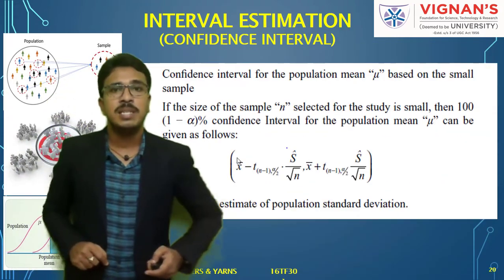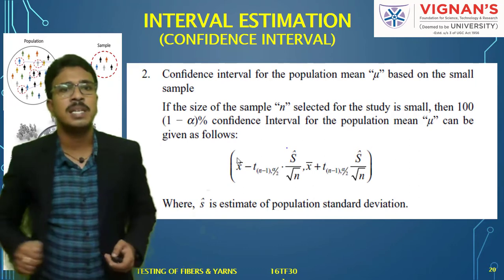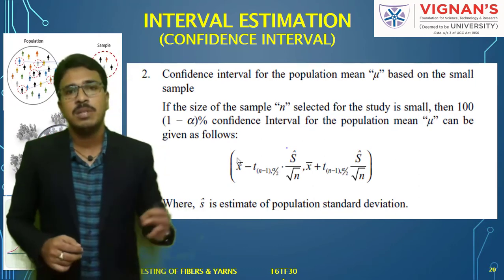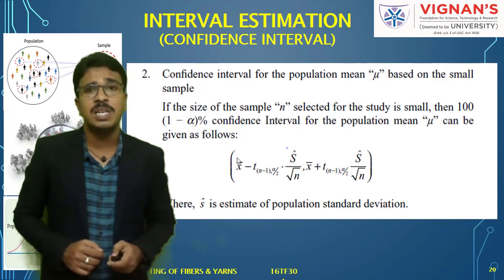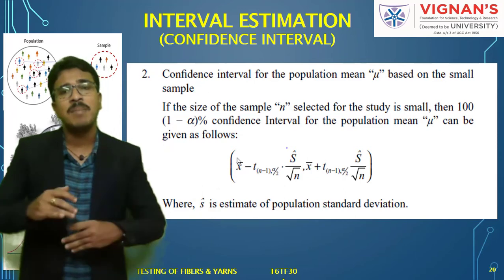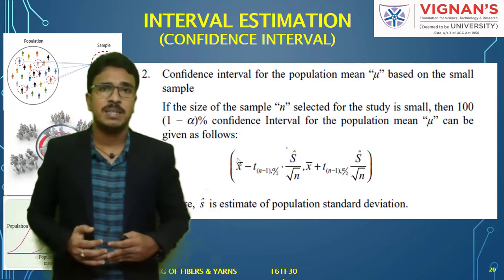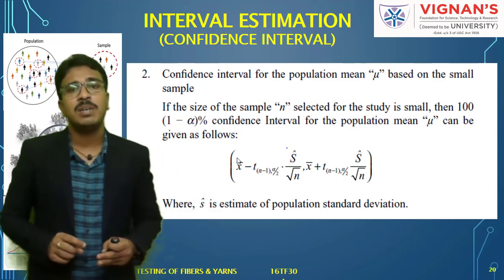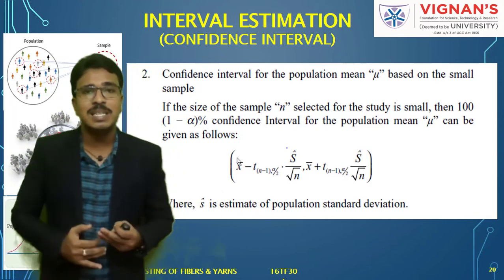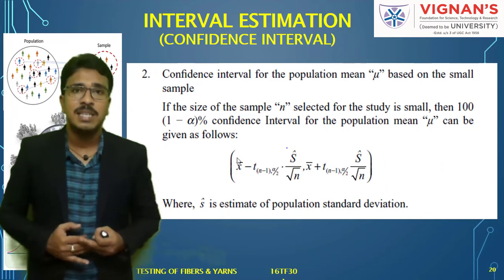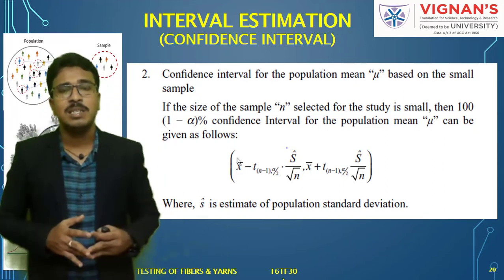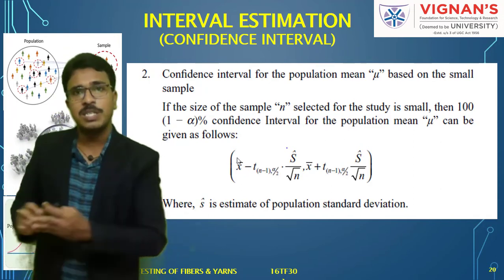Now in the same way, in case of a small sample. In the previous slides we have seen how to find the population mean when the sample size is more than 30. Here we are going to see the formula if the sample size is less than 30 and at some confidence level you want to find the population mean.